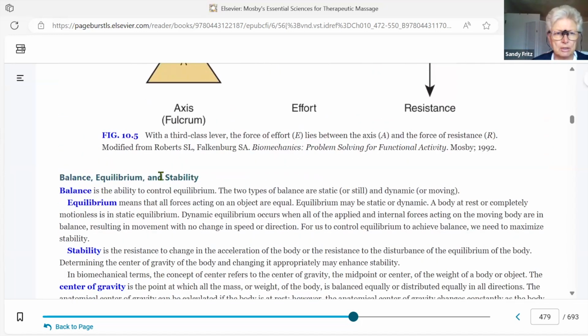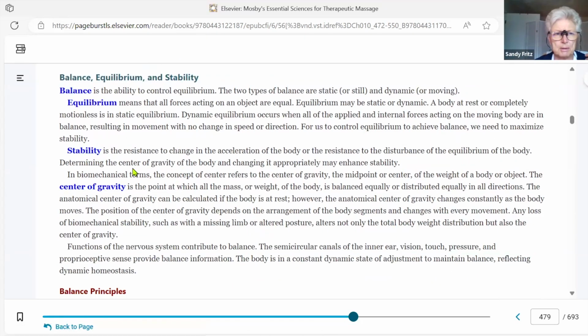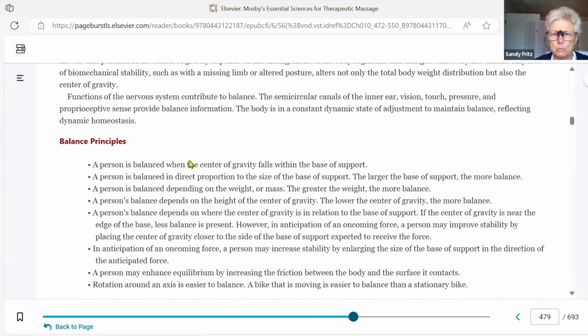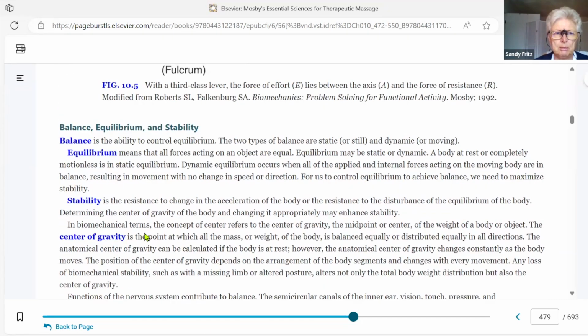We've already talked about balance, equilibrium, and stability, but as a review, you can take a look here. And we also talked about the importance of stability, the relationship of stability and mobility. So in order for us to walk, we have to have equilibrium, and we have to have stability, and we have to have mobility.